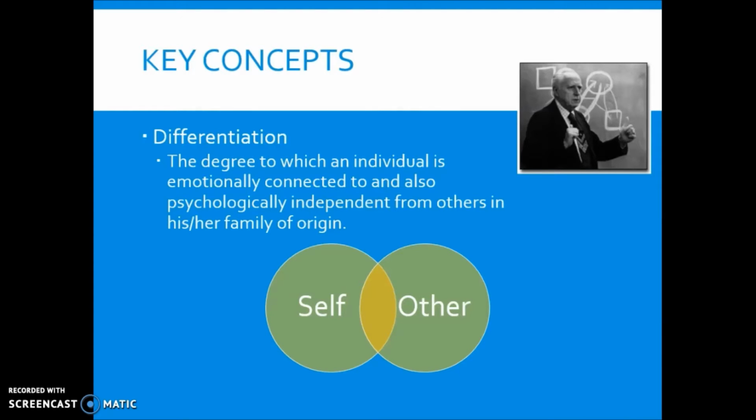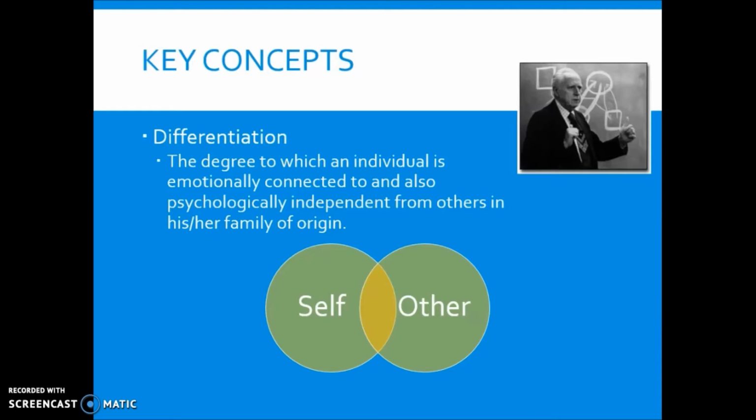And this can manifest in two forms, either through what's called enmeshment, becoming overly involved in that person's life and problems and concerns, or emotional cutoff. Both are reactive reactions to being poorly differentiated.